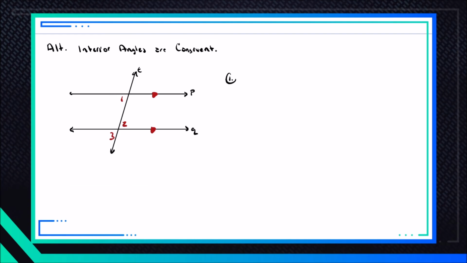So we know that P is going to be parallel to Q. That is given. We know that angles 1 and 3 are going to be congruent because those are corresponding angles. We also know that angles 2 and 3 are going to be congruent. Oops.